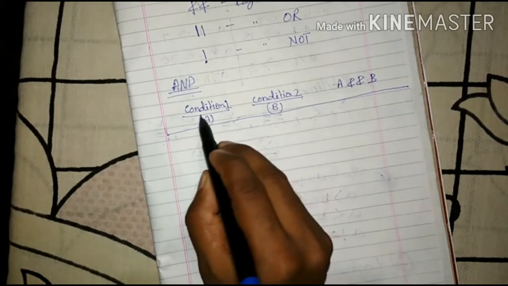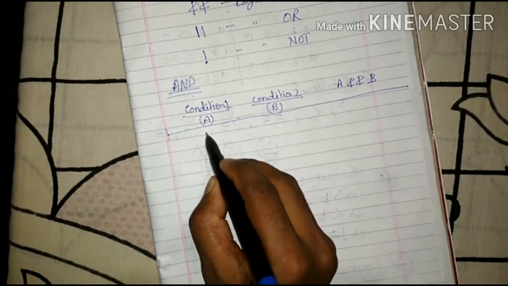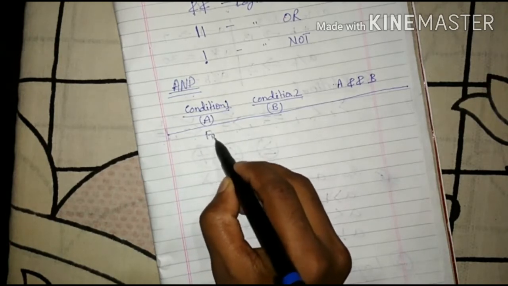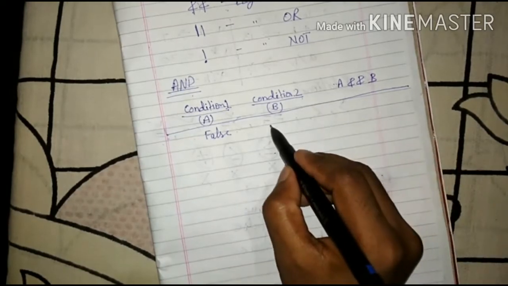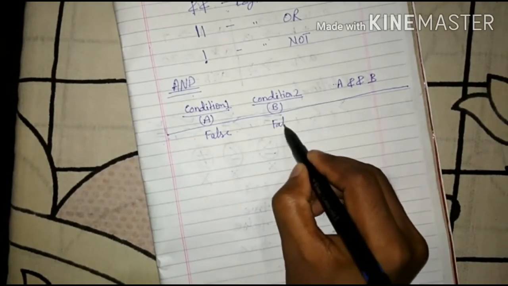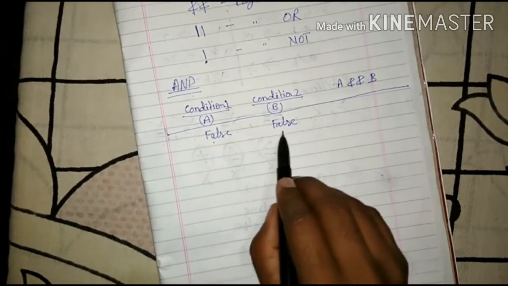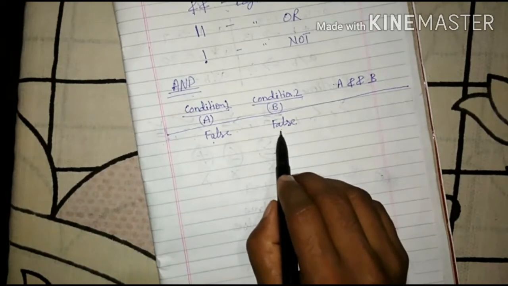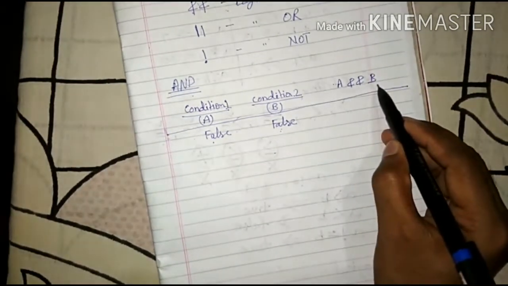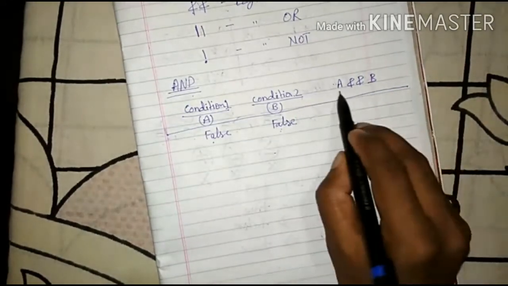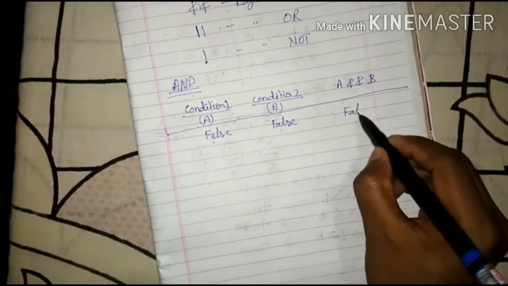Suppose the result of condition 1 is false, and the result of the second condition is also false. If the first result is false and the second condition is also false, then in the AND case, A is false, B is false. False and false means false.